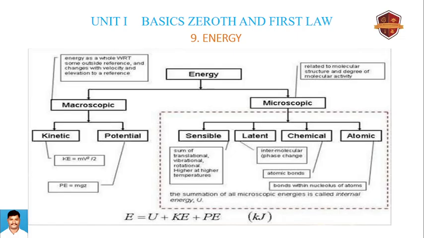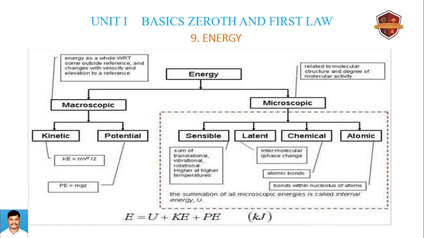Energies, there are two types. First one is macroscopic, second one is microscopic. Macroscopic has two categories: one is kinetic and second one is potential. The kinetic formula is mv squared by 2. The potential formula is mass, gravity, height.